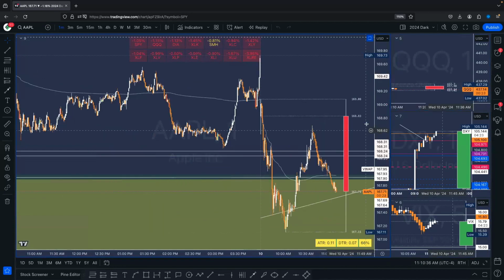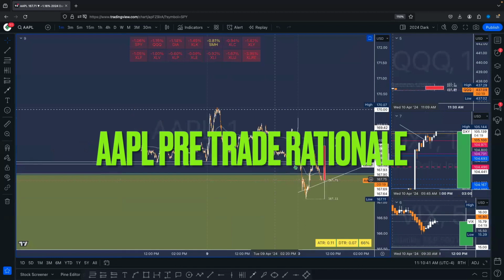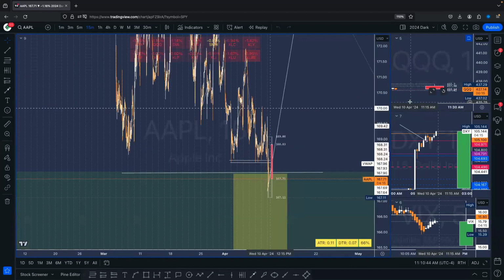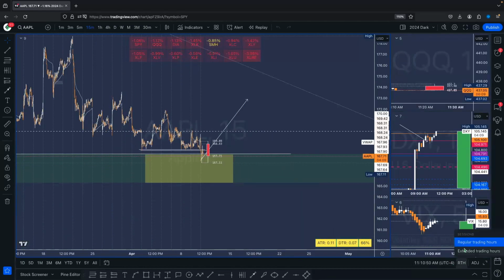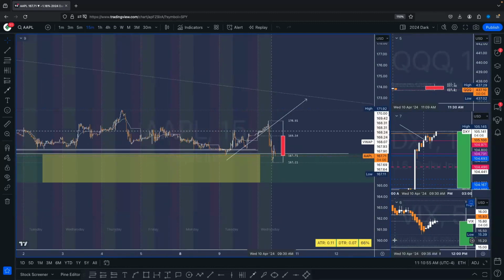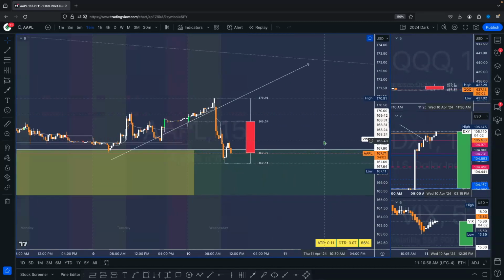I want to take a look at Apple. So Apple is coming into that area where I want to participate for calls, for swings.